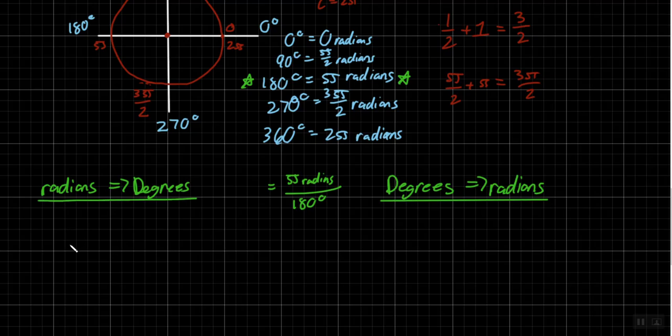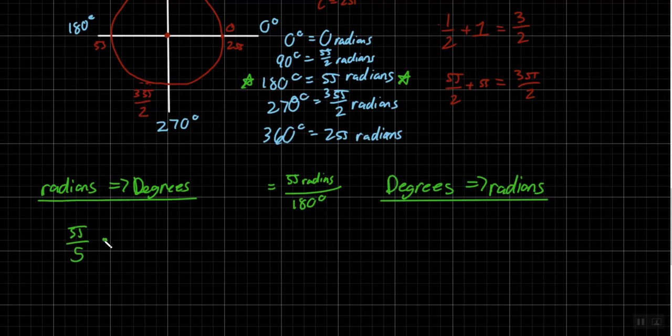Radians to degrees. Okay, give me any radian you want, not one that we've already done. It has to be in terms of pi. So pi over 5. Okay, I'm going to use that. We're going to do pi divided by 5.